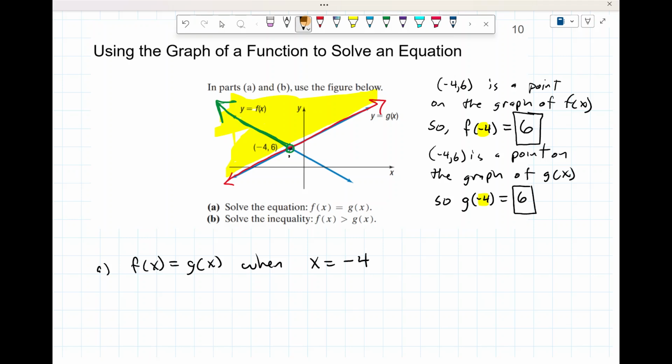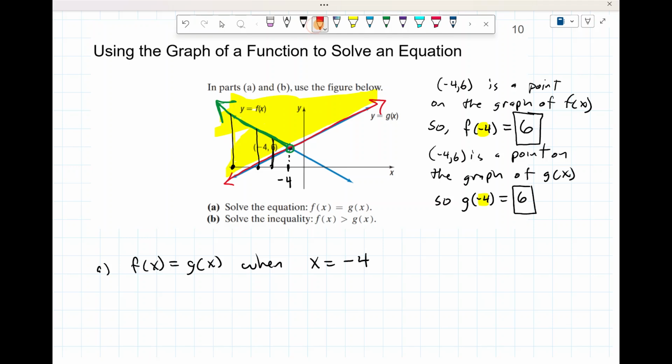Well, my x value right here is -4, right? And all the x values of these other points, like this point right here, they're all to the left of that point, x equals -4.